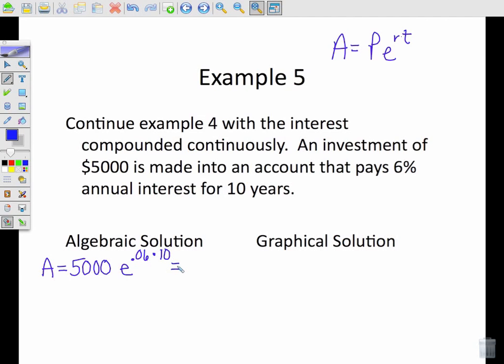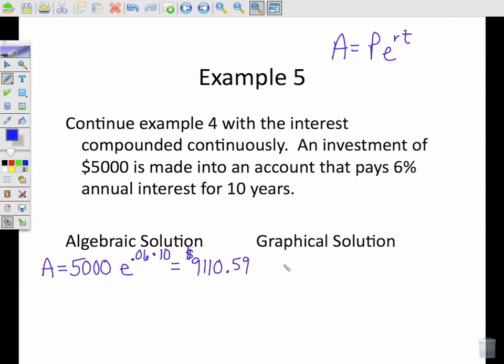And when we go ahead and calculate, you're going to see that we will get $9,110.59. You can see it's fairly close to compounding daily. That amount's very close to it.